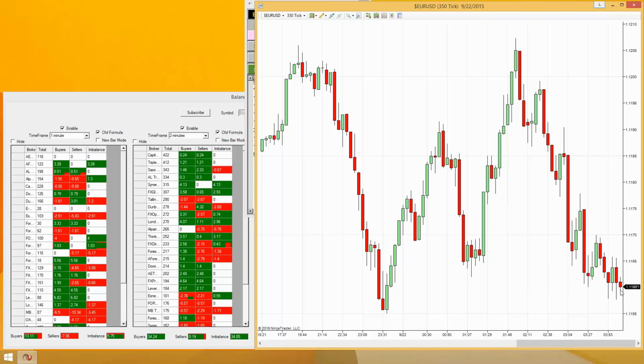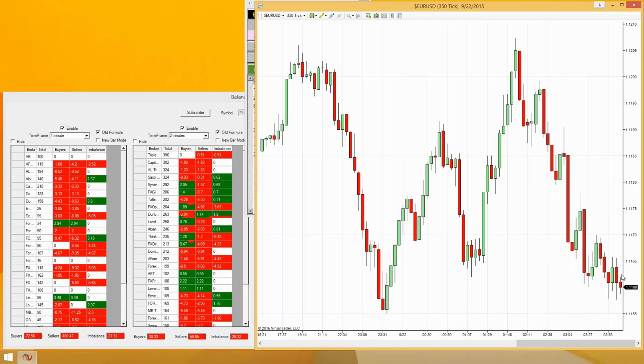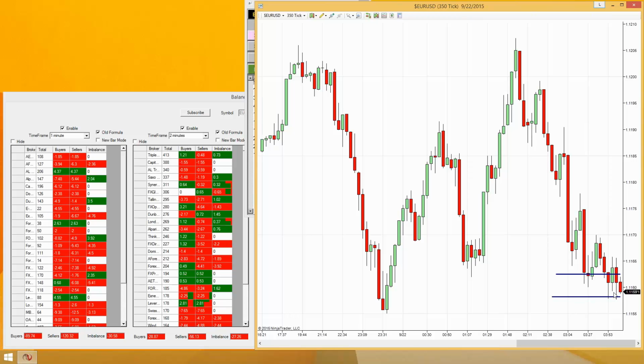Let's say price is sitting at 1160 right now. I would say if by 7:15 a.m. price stays within this range, I go long at market. That means I have seen bids and offers in this range, but bids are maybe twice or three times the size of the offers.